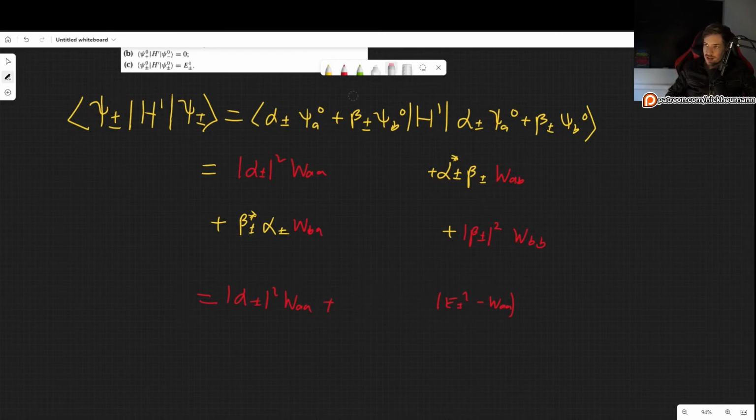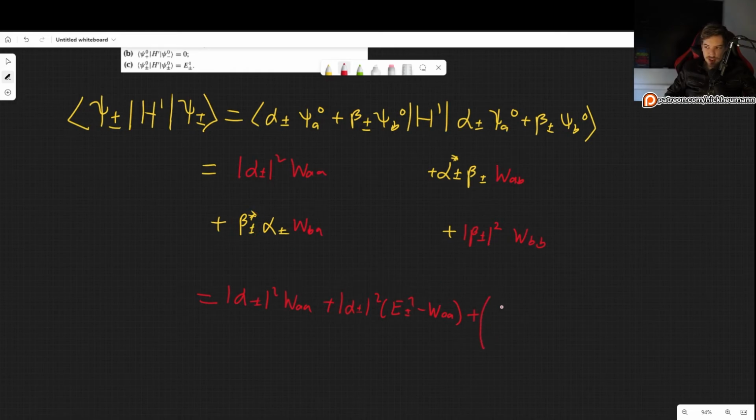So this thing here is the modulus of alpha plus or minus squared, times, of course, this thing, which is, I'm going to write a little bit neater here, E plus minus 1 minus WAA. Now let's plug in beta conjugate.